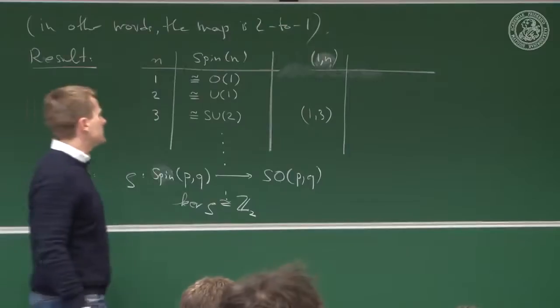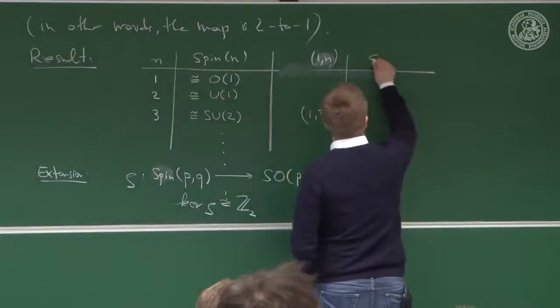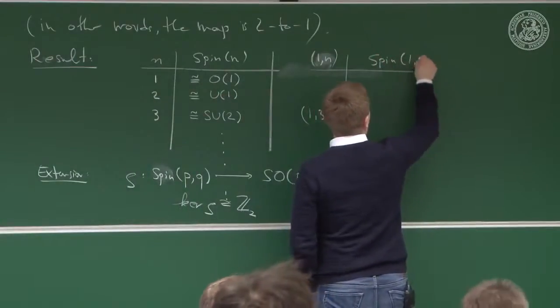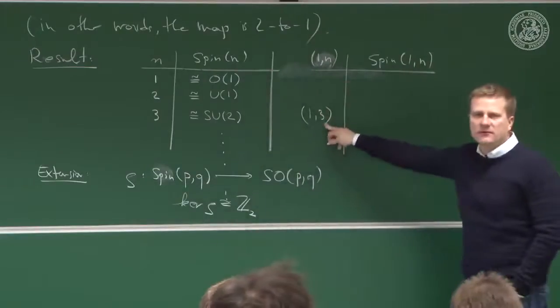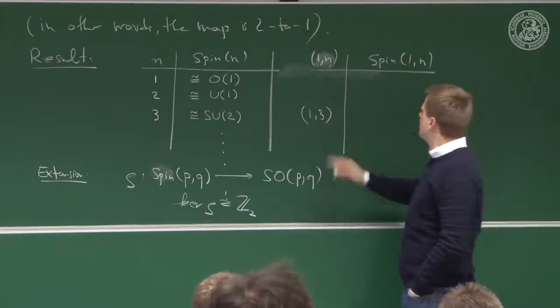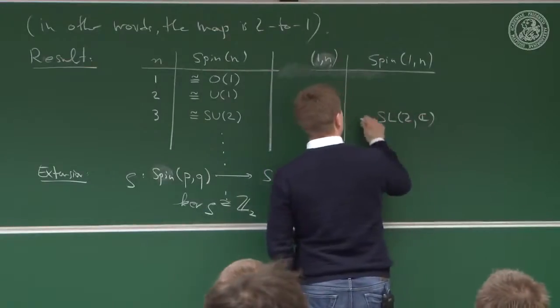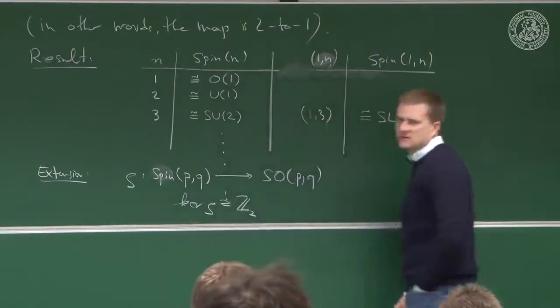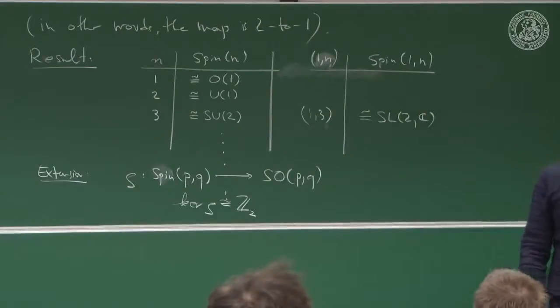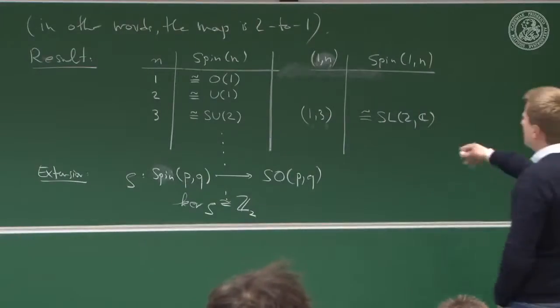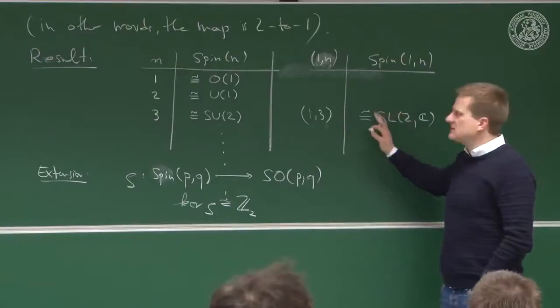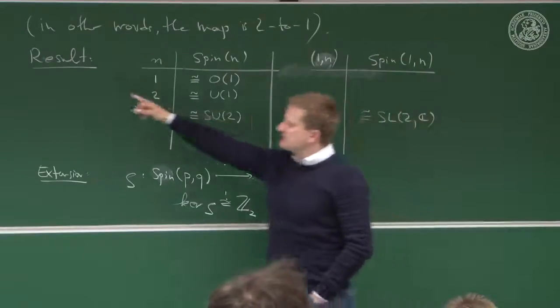So the question is, what do we find for spin(1,3)? What are the spinors in 4-dimensional space-time? It turns out it's isomorphic to SL2, so we can just take SL(2,C). You can't see this, but we look at this. This needs to be proven, that's why I said result.